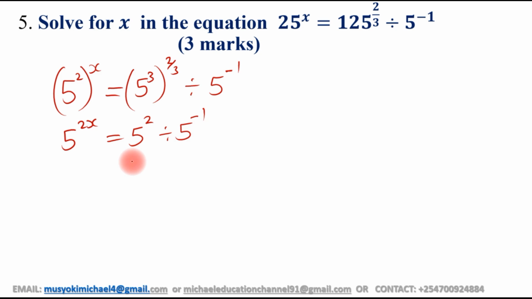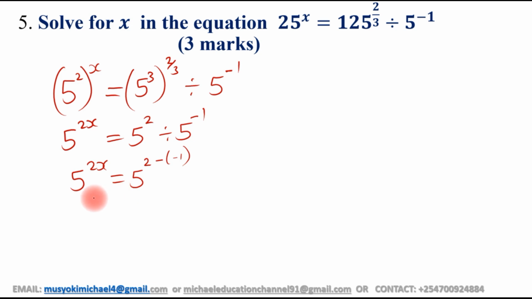Where we have division we are going to subtract. So 5 raised to 2x is equal to 5 raised to 2 minus minus 1.